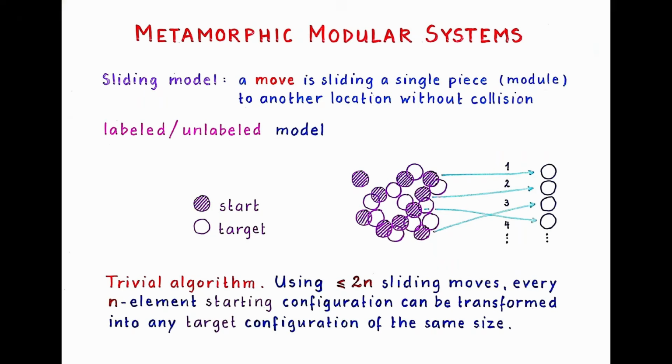And they inspired some kind of an area in computer science, which has this ugly name, metamorphic modular systems. So what does it mean? Those little squares of the 15 puzzle you can consider modules, and you want to push them around.